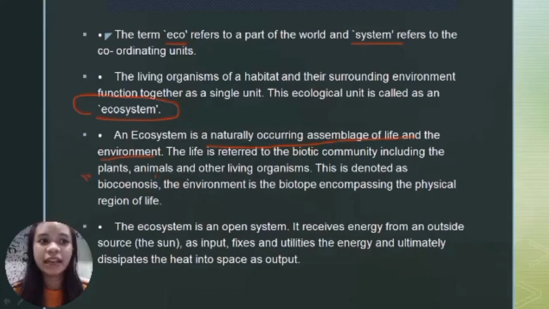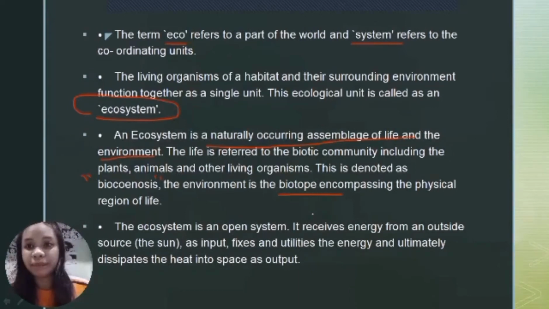This is known as biocoenosis, where the biotope encompasses the physical region of life. Yung biotope is a synthetic Greek word combining bios, meaning life, and topos, meaning place.